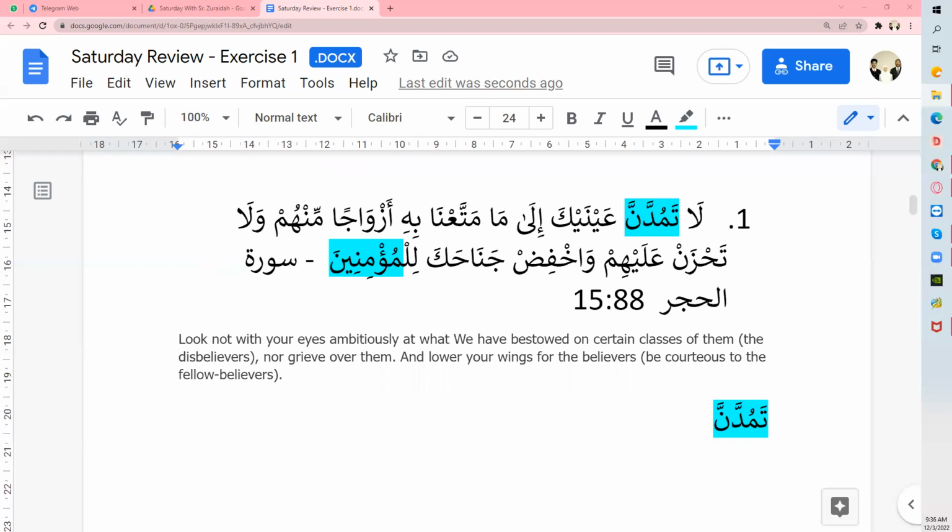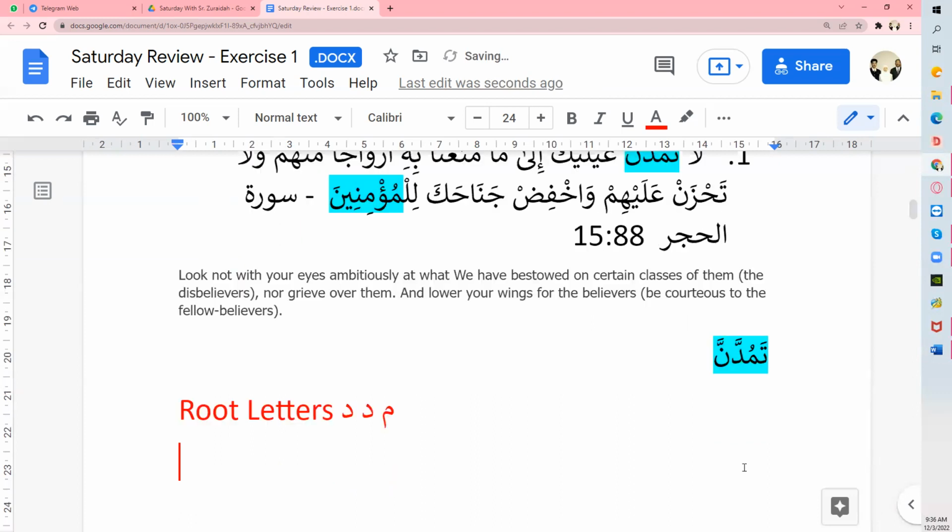It is a muda'af. I think so, yeah, muda'af. So now if it's a muda'af, these are the root letters. It's all in red now. Okay, mim dal dal.